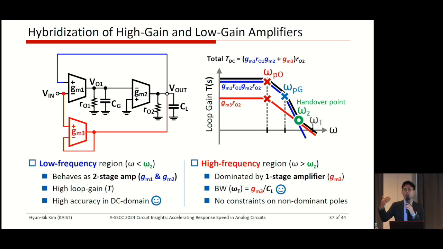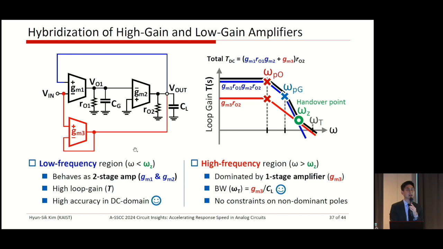That is to promote a more accurate DC level, reducing the error in the DC steady state, right? So for the low frequency range, most of the dominant response is handled by the two-stage design. And in the high frequency domain, the bandwidth and the phase margin are highly limited by the two stages, but we can add one more path.